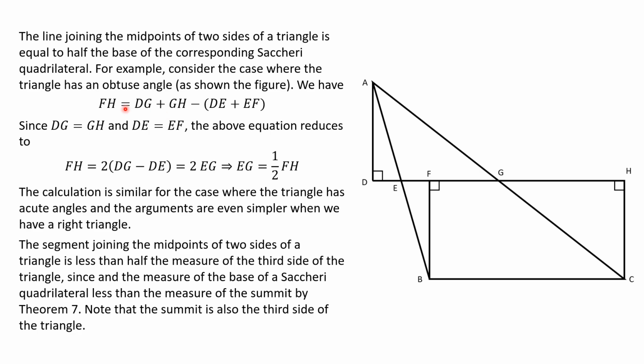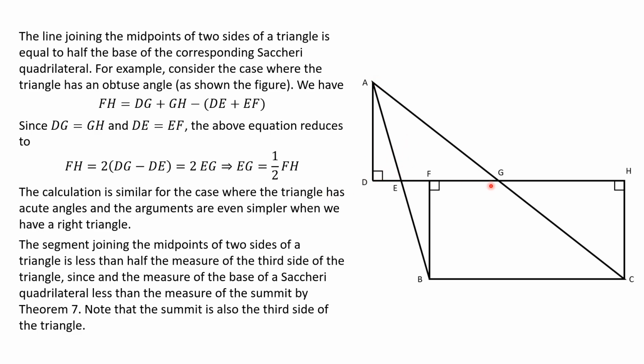So first we note that FH here is equal to DH minus DF, and then we can write DH as DG plus GH, which I wrote here, and then DF we write as DE plus EF, which I've written here. And then we make use of the congruent triangles that we proved earlier.